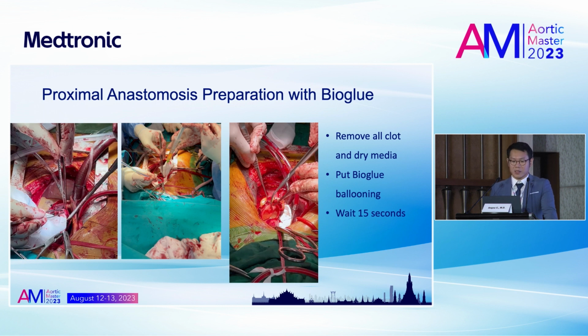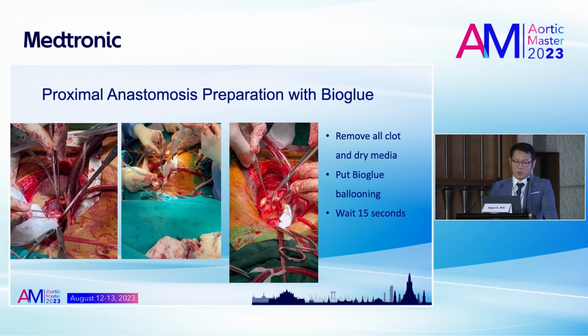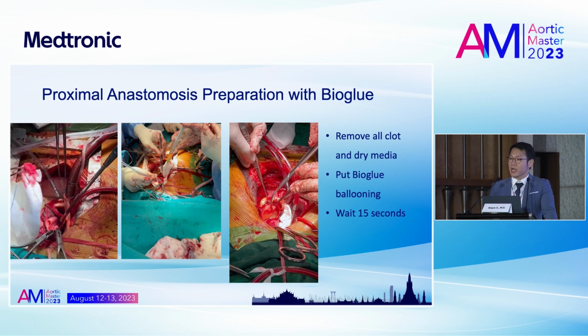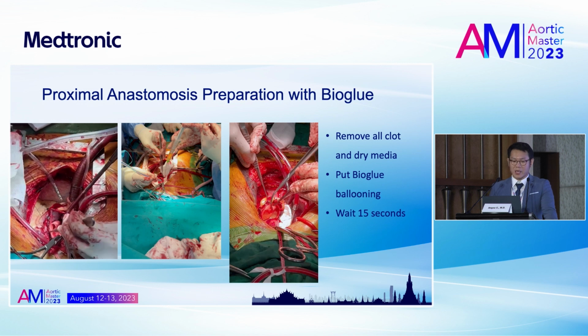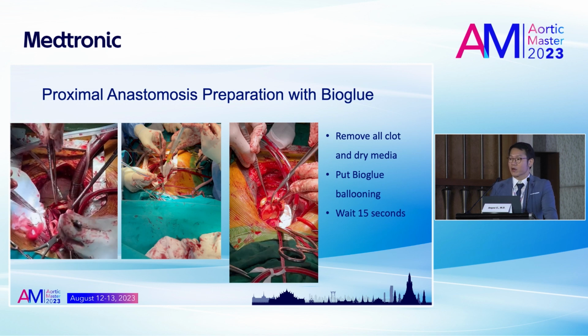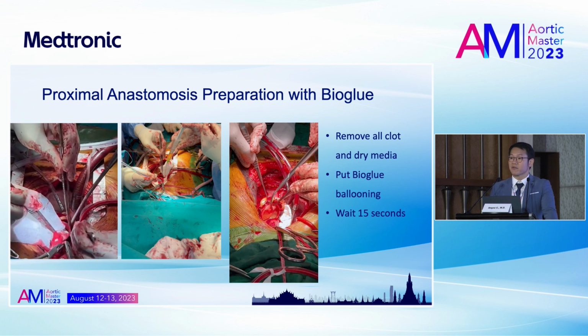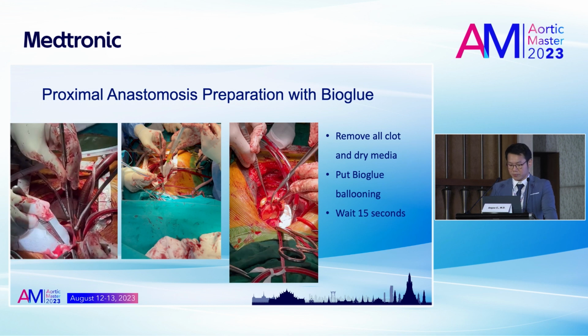And this is the technique that I use to reapproximate the false lumen, the adventitia and the media. So normally, after opening the ascending aorta, you have to remove all the clot in the false lumen and clean it with dry gauze and make the false lumen as dry as you can.